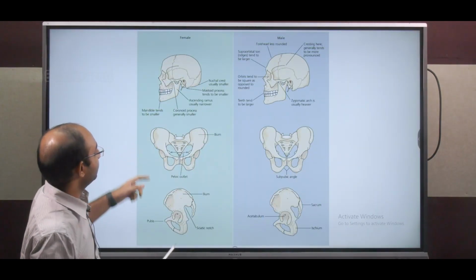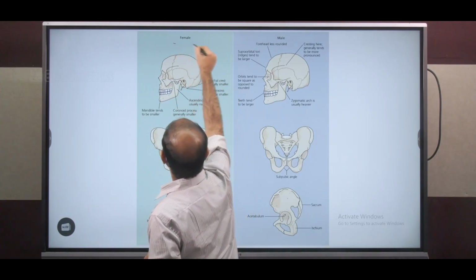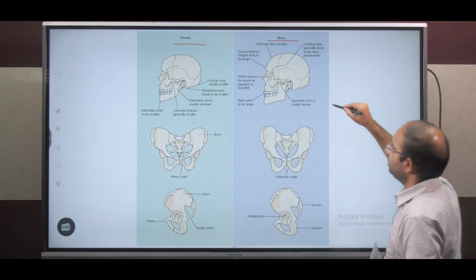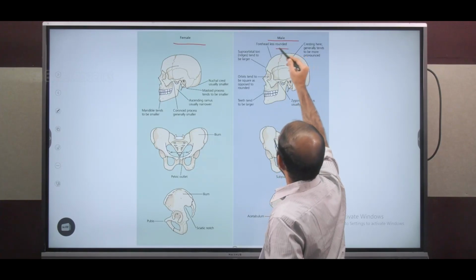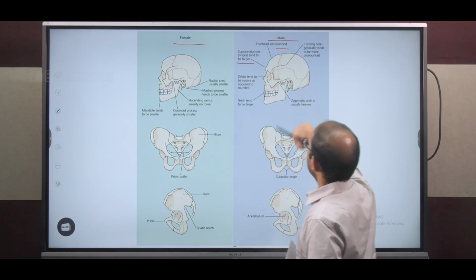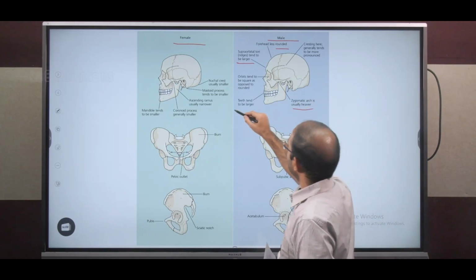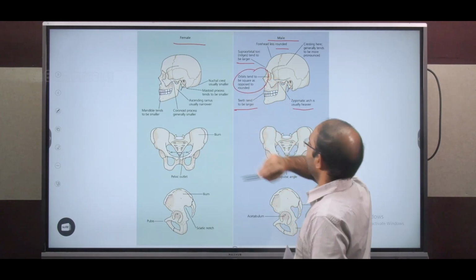So if you look at this diagram, there are the differences. Female skull looks somewhat like this, whereas male skull looks somewhat like this. So there are clear differences. In case of male, the forehead is less rounded, the supraorbital ridges are larger, the zygomatic arch is heavier, you generally have heavier teeth, and the orbits are also square.